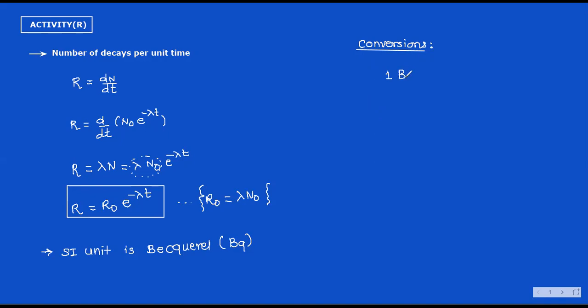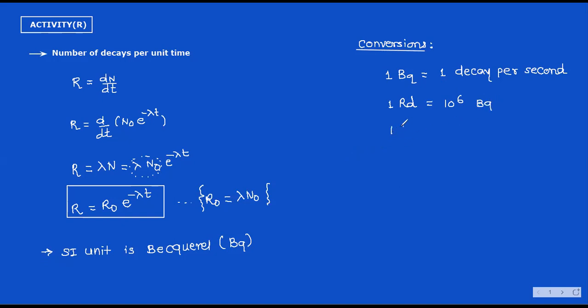1 becquerel is equal to 1 decay per second. This is the standard unit. Next, 1 Rutherford is equal to 10 power 6 decay per second, that is becquerel, you can say, I am just using becquerel.